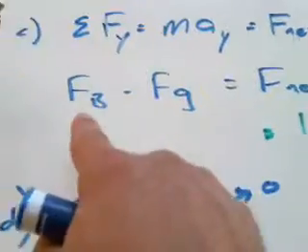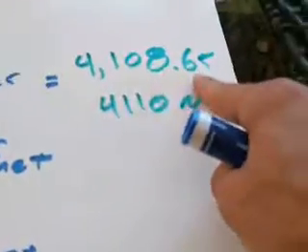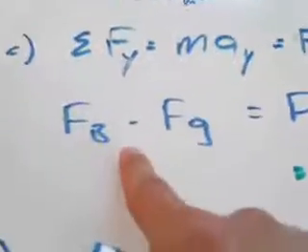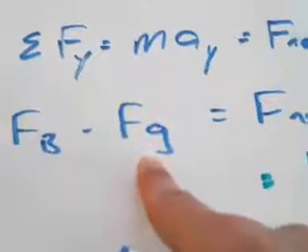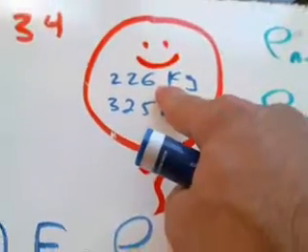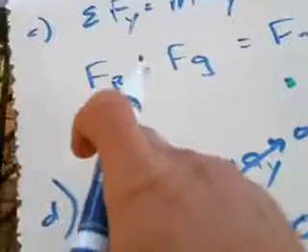That's the net force. So the buoyant force is what we just figured out, 4,108.65, or if you round it, it's 4,110, doesn't matter. From that, we will subtract Fg, the force of gravity on this object, which is 226 kgs multiplied by 9.8.